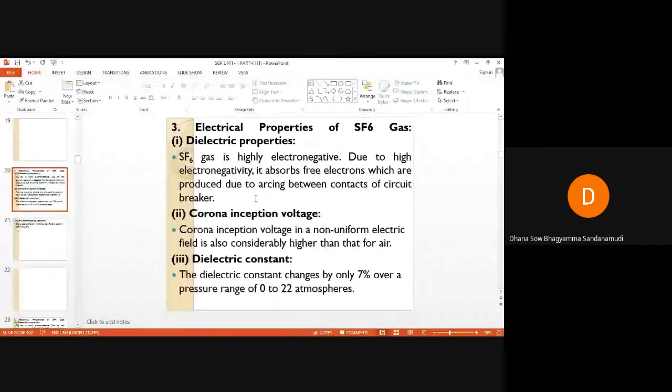The combination of free electrons with the molecules produces heavy and weak ions which have very low mobility.